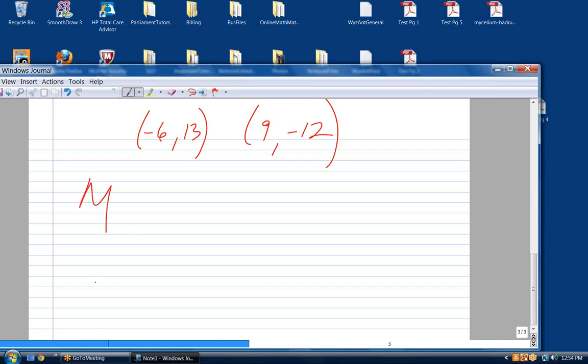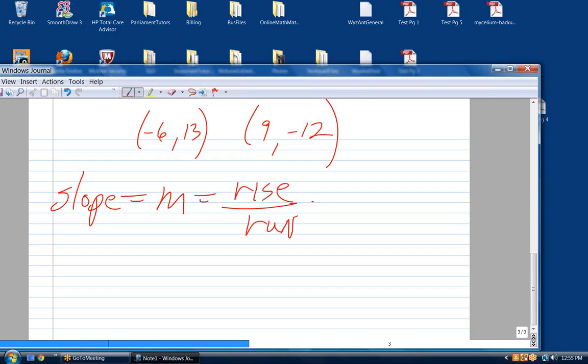I don't remember. Slope. Always know that you've got to figure slope right off the get-go. Slope equals rise over run. What's the slope here? Is it negative 6 over 9?